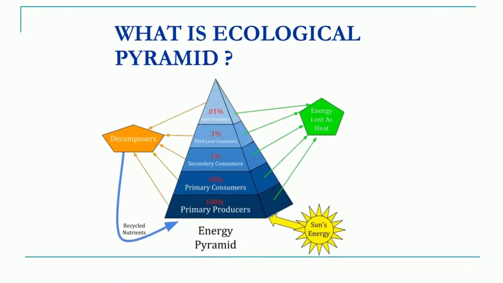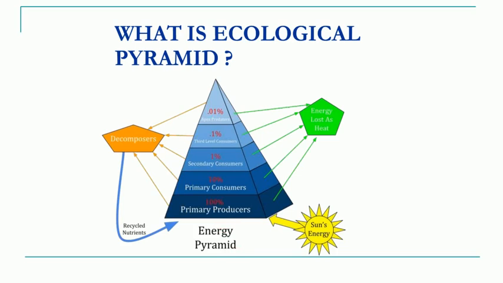In this picture, we can see a typical ecological pyramid which has many layers. The basal layer is always made up of producers. Then you have primary consumers, secondary consumers, tertiary level consumers, and sometimes even quaternary level consumers or even the decomposers.